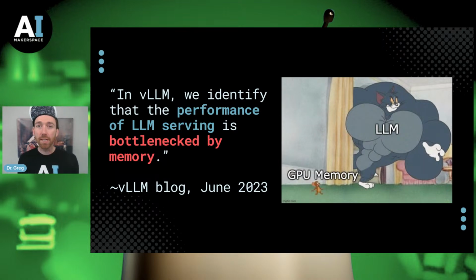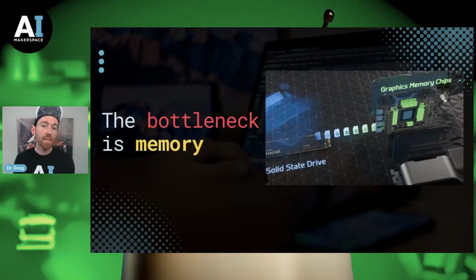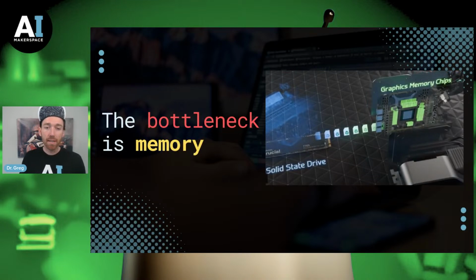So it's been an industry-known fact that the bottleneck is memory. The bottleneck of trying to speed up LLM inference or training. We're talking about compute. We have enough memory, just not quite fast enough.